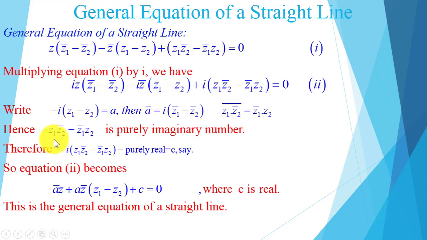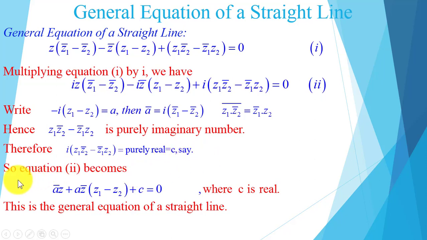Therefore, z1 z2 bar minus z1 bar z2 is a purely imaginary number. Therefore, i times (z1 z2 bar minus z1 bar z2) is purely real, equal to c, suppose.